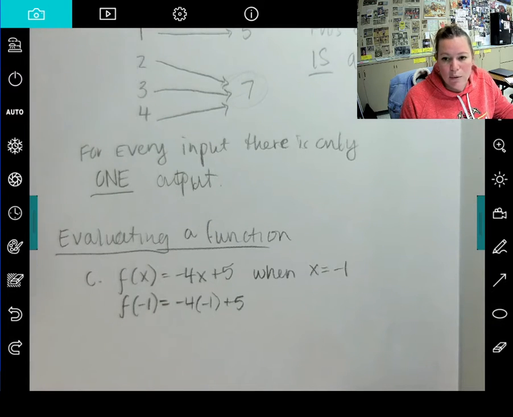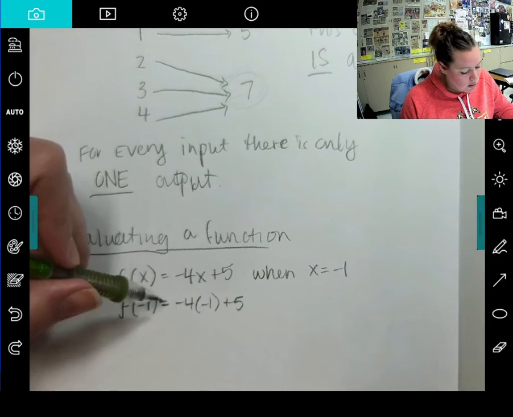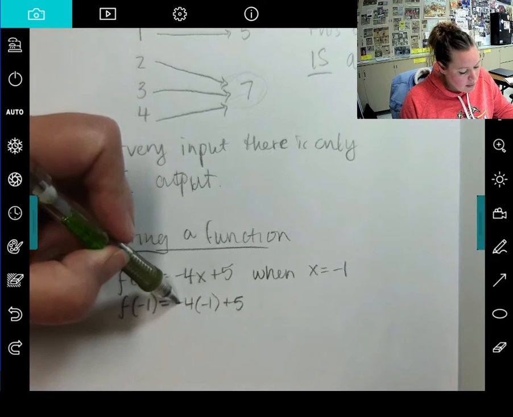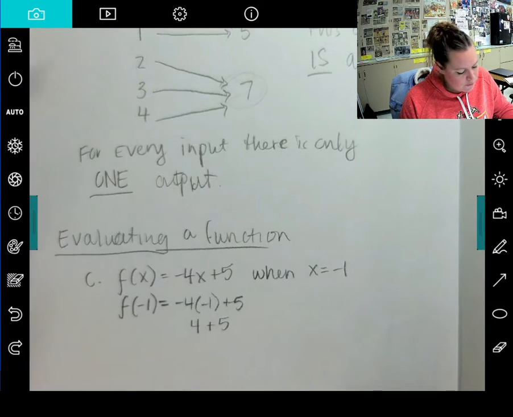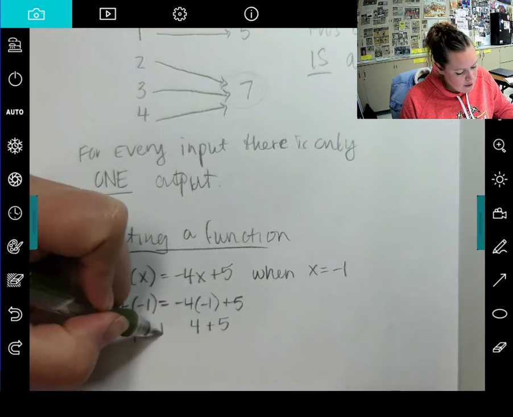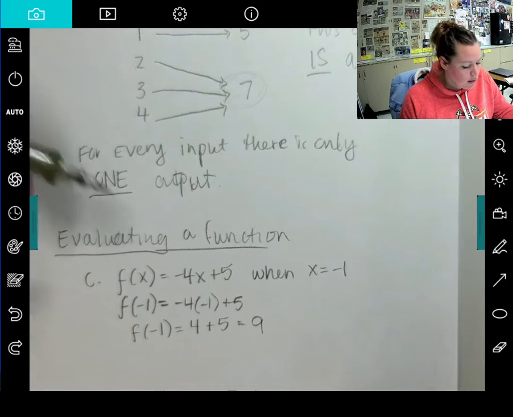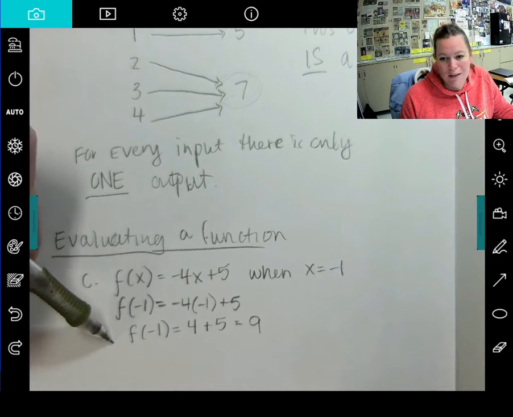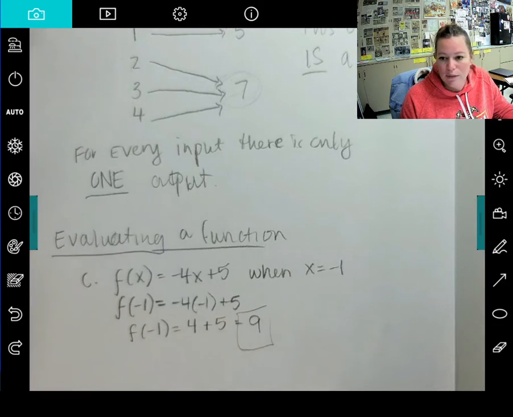Now we get to perform our order of operations and solve just like we would if we were solving an equation. So we have negative 4 times negative 1 is positive 4, plus 5. So f of negative 1 equals 4 plus 5, which equals 9. When we evaluate our function, it's very similar to how we would solve an equation. So we'd get an output of 9.